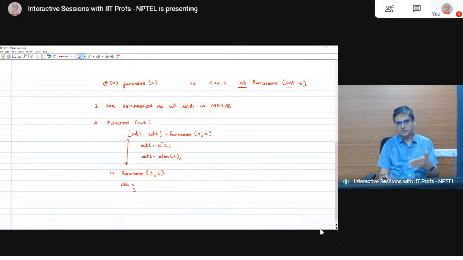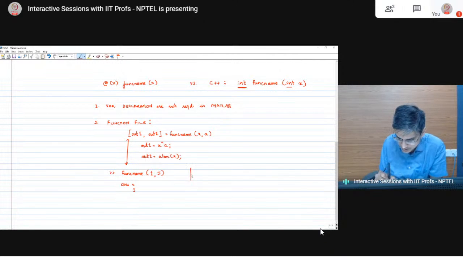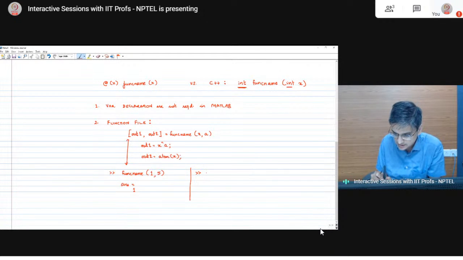It will calculate tan inverse of 1. Pi by 4 will be returned in out2. But you have nothing to capture the values that are returned. If there's nothing to capture values that are returned, it's captured in the variable ans. So only the first value is going to be captured in the variable ans, and therefore ans will get the value of 1.